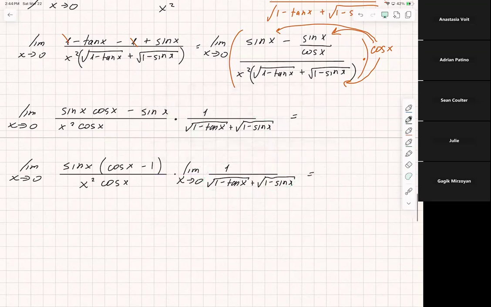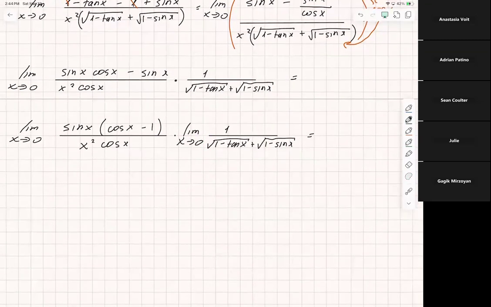Okay. Now, what I want to do here is, first of all, we know that as x approaches 0, sine x over x is equal to 1, but we have another x, so we need to separate it, right? Then we also know that (cosine x minus 1) over x as x approaches 0 is equal to 0. We also showed that in class the other day.